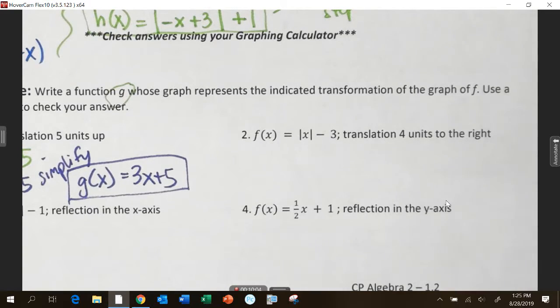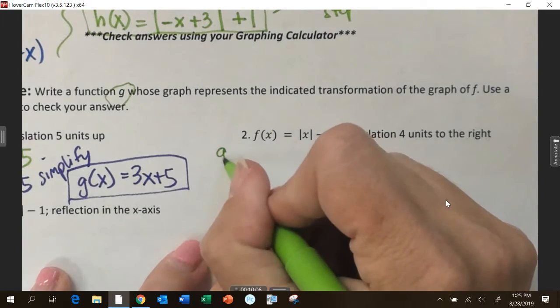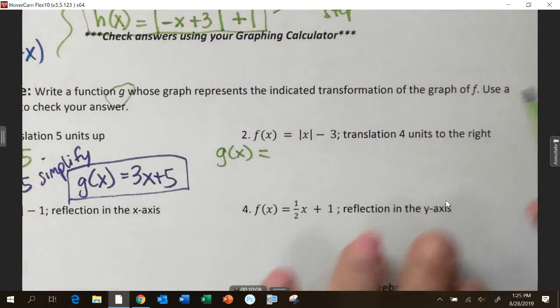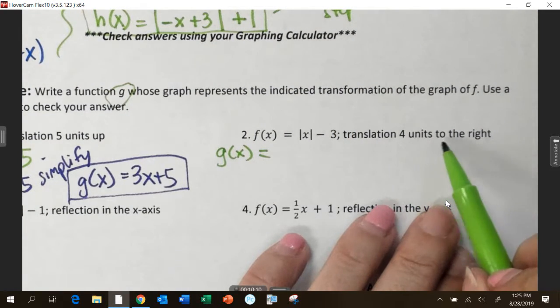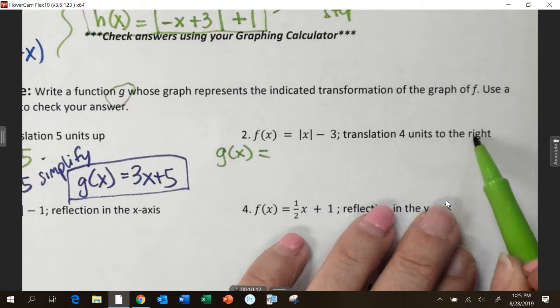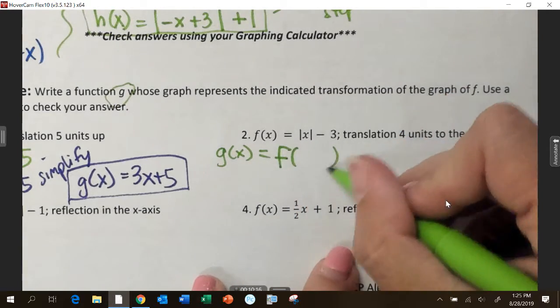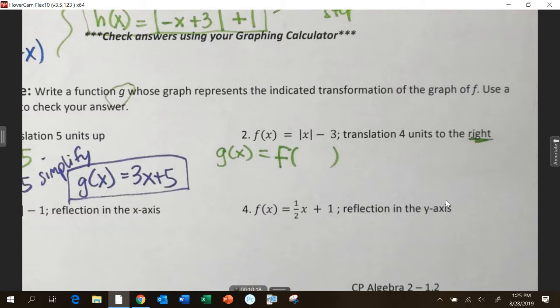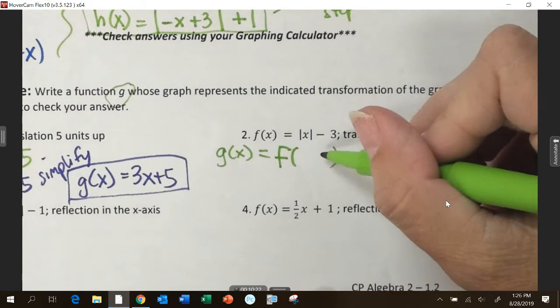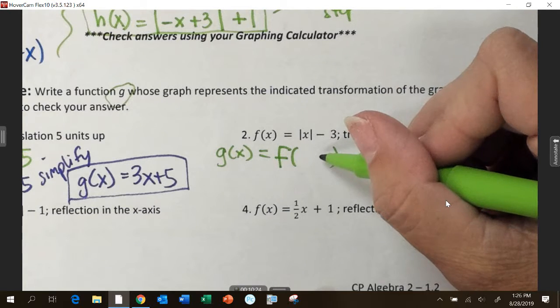So I'm going to start out with g of x. And we see this is a translation 4 units to the right. So since it's horizontal, I'm going to start with f of, and I'm going to have a parenthesis. Since it's horizontal to the right, those 4 units are going to go inside the parenthesis.